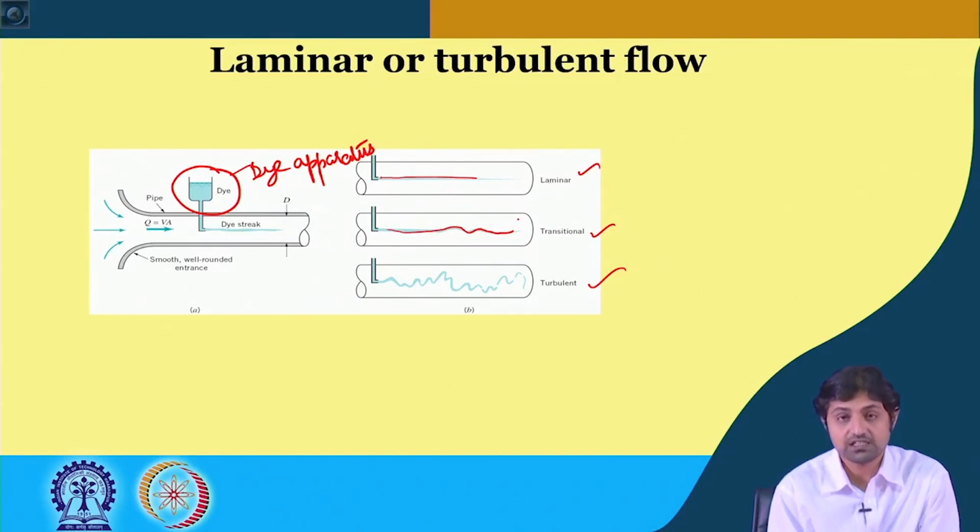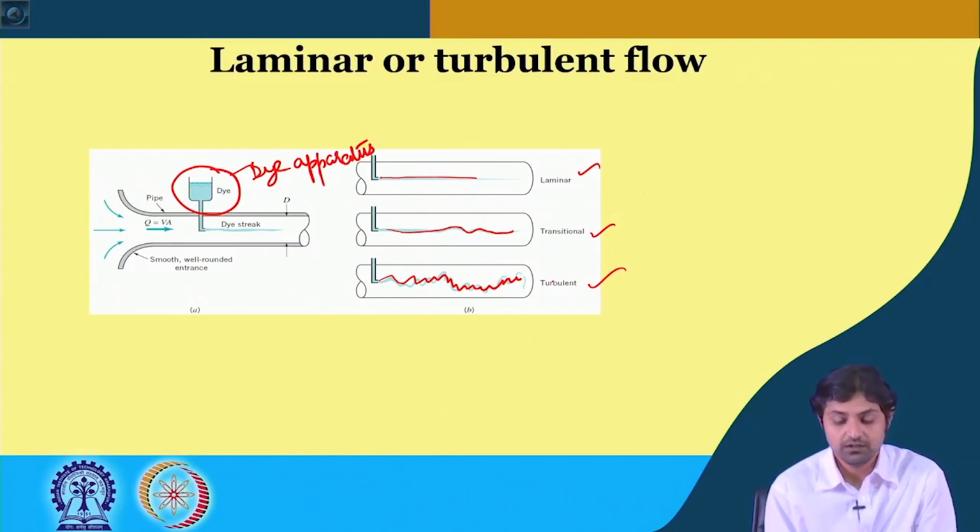This is a transitional flow, and if the velocity increases very high, the flow becomes fully turbulent. There will be a lot of fluctuations like this. So this is one of the experimental setups in pipe flow where you can actually observe the physical and visual difference between laminar, transitional and turbulent flow.